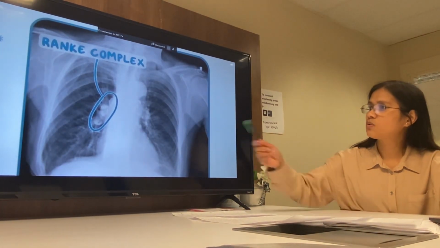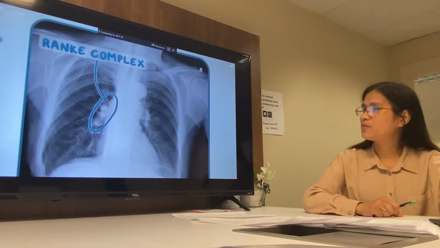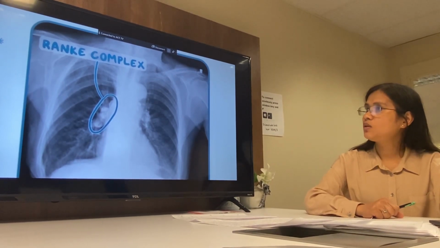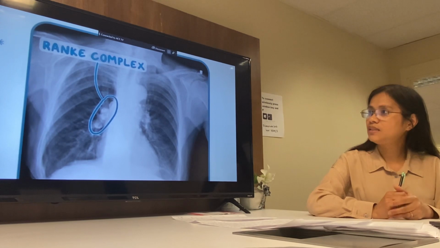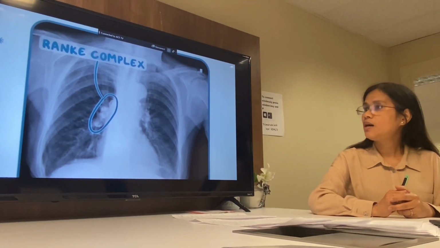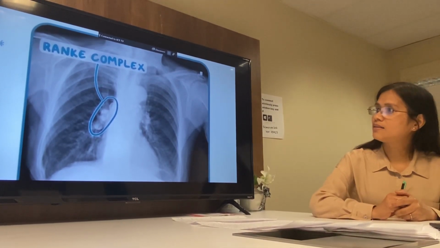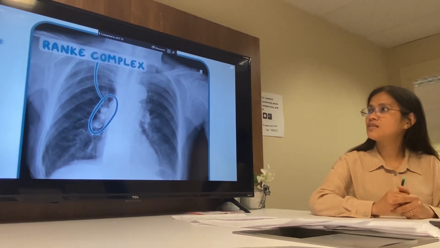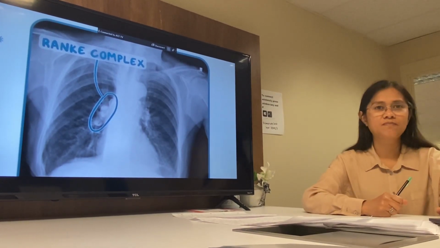This is a representation of an X-ray sample of the cavity or scar tissue made by the infection, and this is called the Ranke complex.